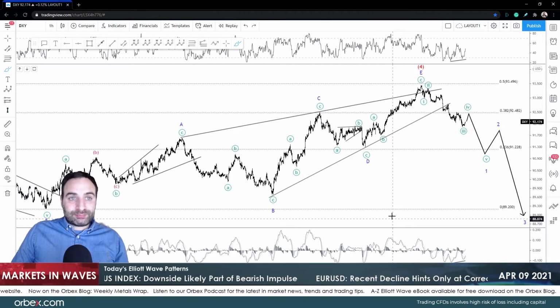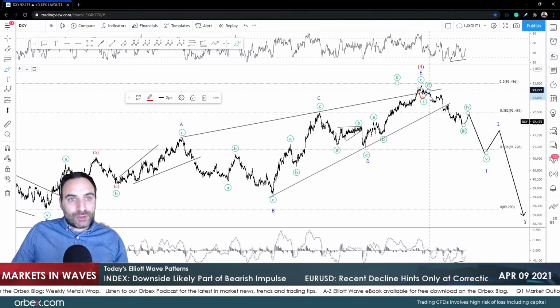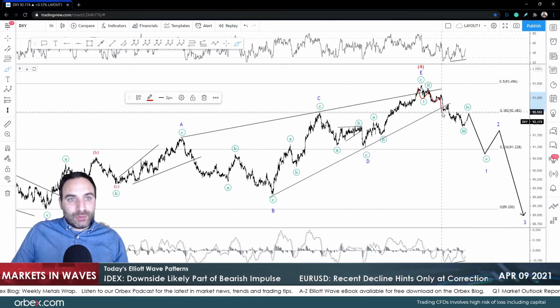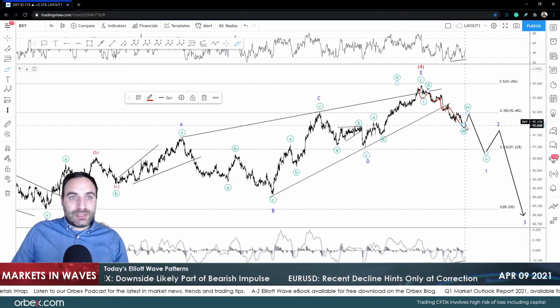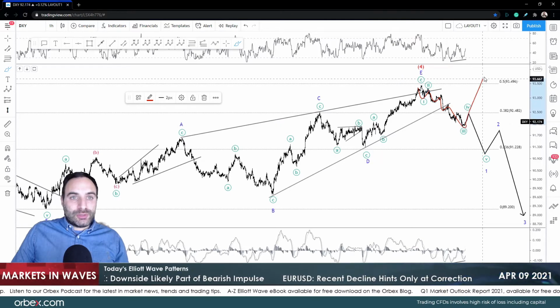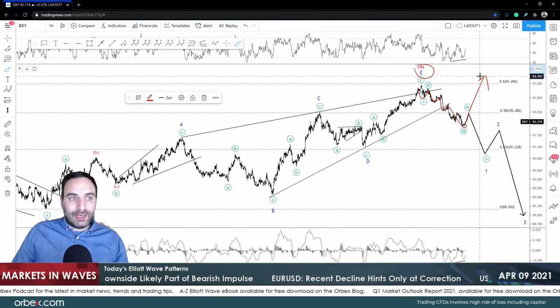Now, as we move along on the downside, also do note that this could be an AB. This could be 1, 2, 3, 4, and 5 over here for a C, which means we could see a continuation on the upside for the completion of wave 4 higher up.